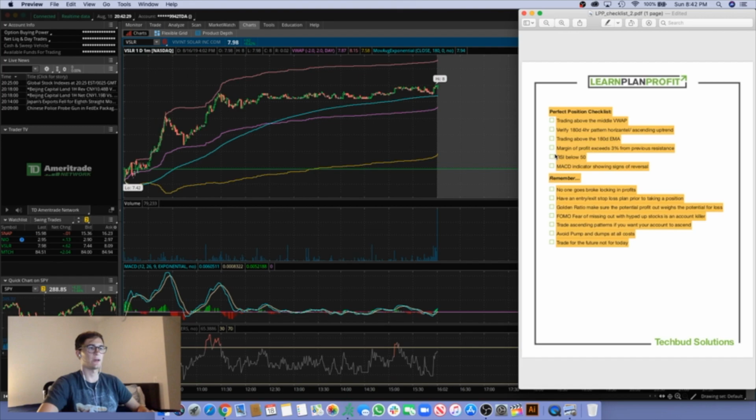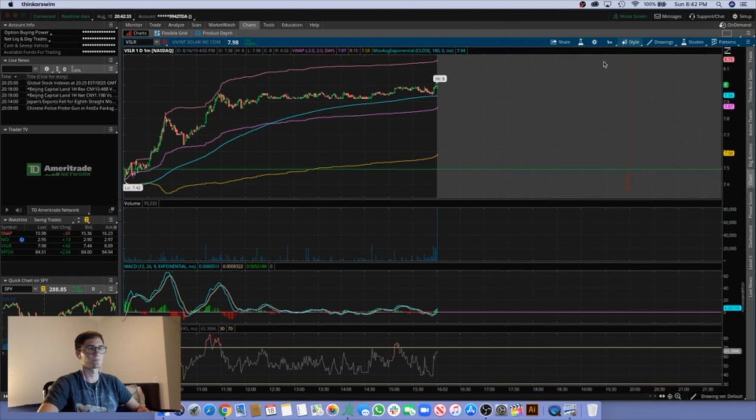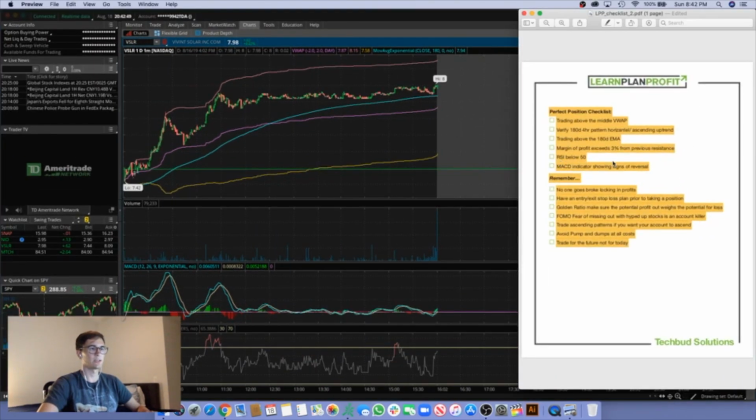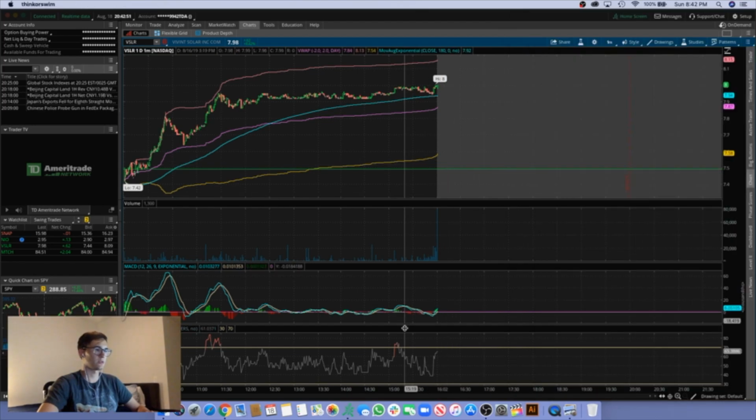Next we have margin of profit exceeds 3% from previous resistance. This is a bullet point that it doesn't fall under, but we'll go ahead so you can see it's about 2%, not 3% exactly. Resistance being the top line here in the VWAP indicator. Okay, the RSI is below 50.